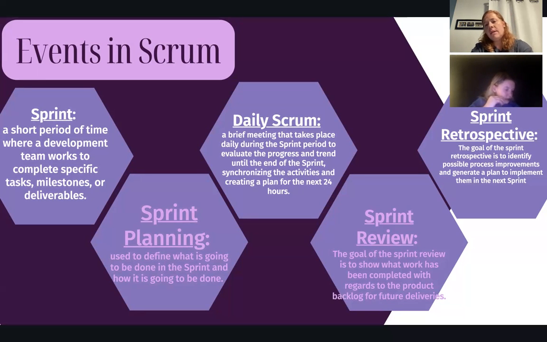Then you will have the sprint retrospective, which is used to identify the good, the bad, and the ugly of the entire process and the product. And it is used to generate a plan to implement within the next sprint, so they get the best possible product in the end.